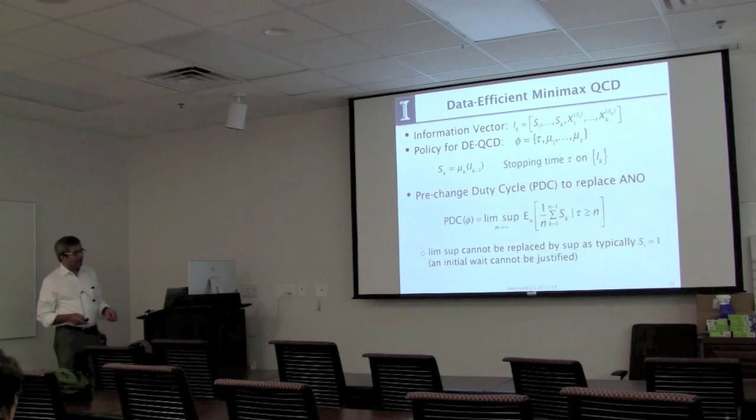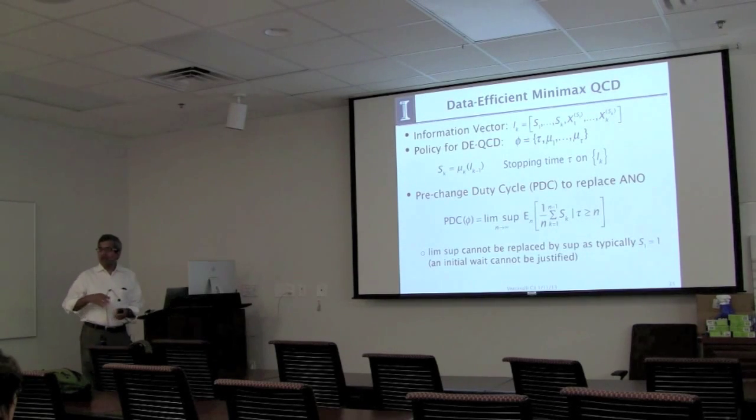Okay, and that's a reasonable quantity. The lim sup is basically the largest limit that this sequence can take, and you're really looking at the situation when your change happens at a distant time in the future, and that's when you're most interested in saving energy, right? It's when the change happens rarely, and you're wasting a lot of observations by taking observations when you're operating in the pre-change mode.